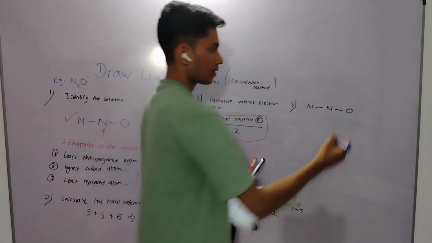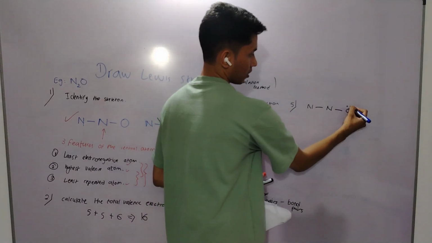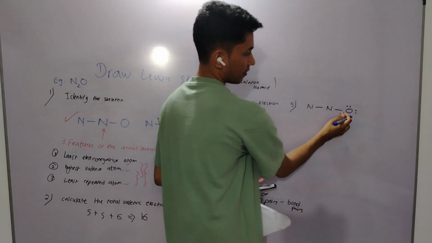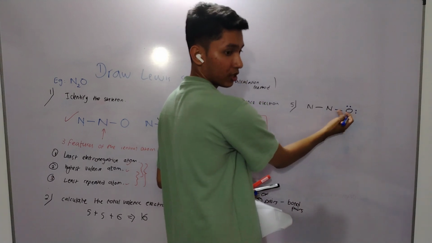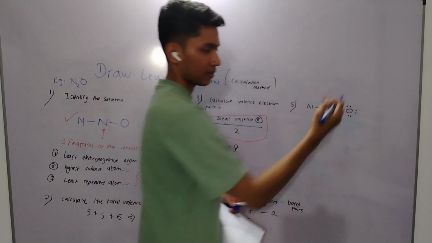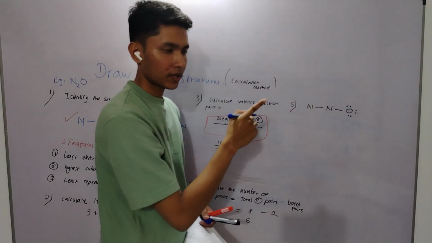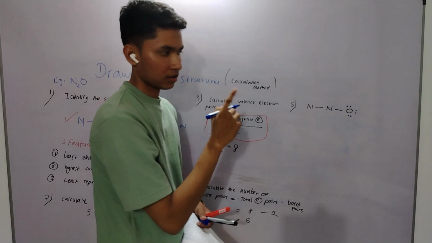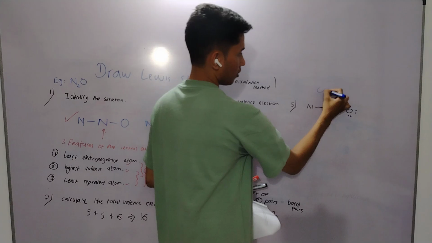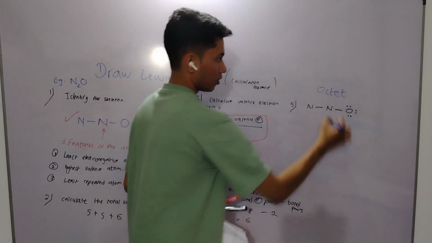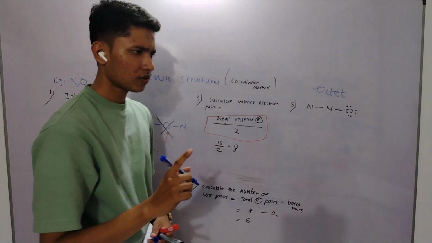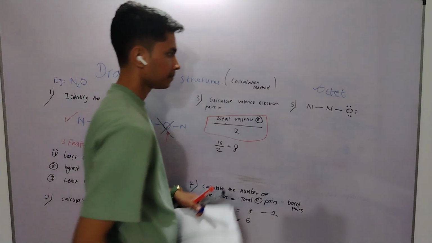So I start filling with the terminal atoms. 1, 2, 3, 4, 5, 6, 7, 8. Now this is a bond, there are 2 electrons. Is the octet complete? Yes, the octet of oxygen is complete.